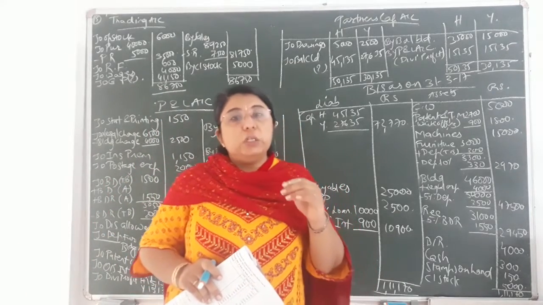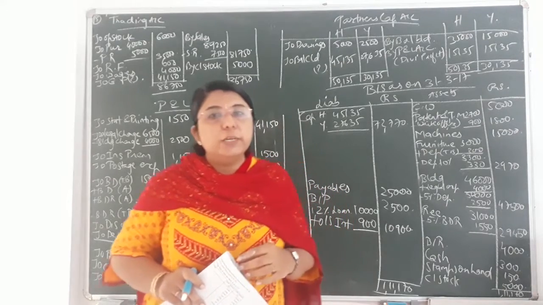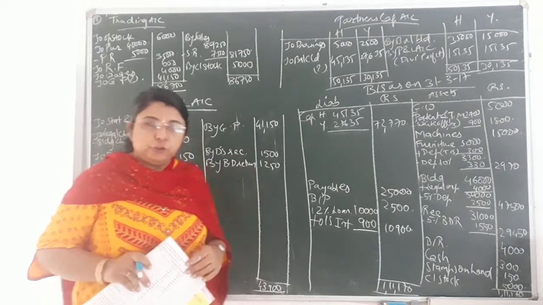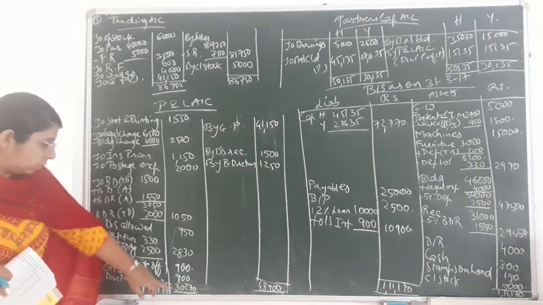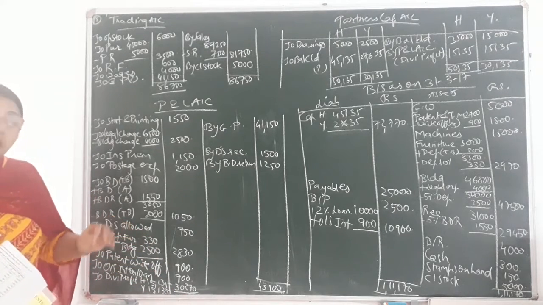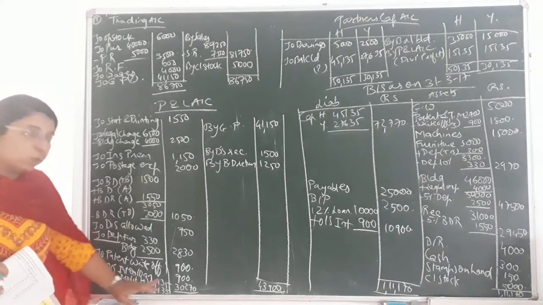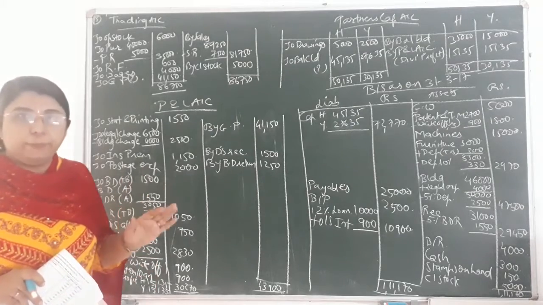So whatever the net profit, it will be considered as divisible profit, that will be distributed amongst both the partners in their profit and loss sharing ratio. Here the P&L ratio is not given to you, so in equal ratio. So 30,270 will be divided in the ratio of 1:1. So each will be getting 15,135.